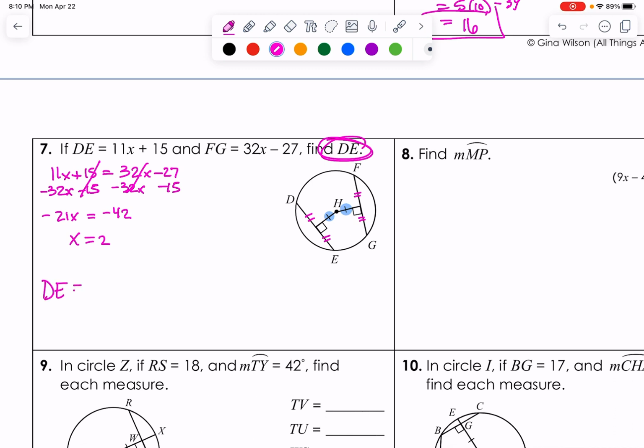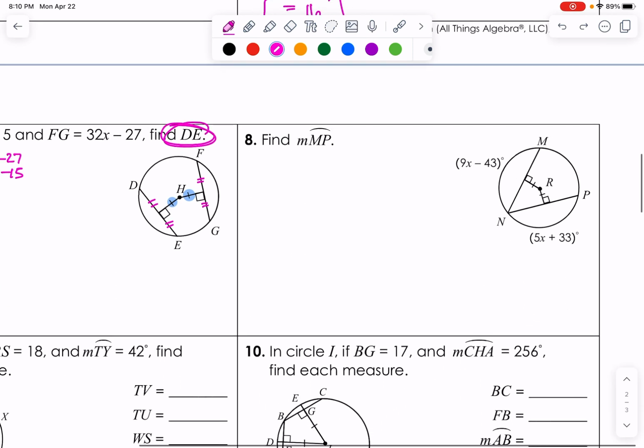So DE equals 11x plus 15. 11 times 2 plus 15. 22 plus 15 is 37. Again, it comes down to looking at the diagram and matching it to one of the properties that you're given, and understanding what the notations mean.